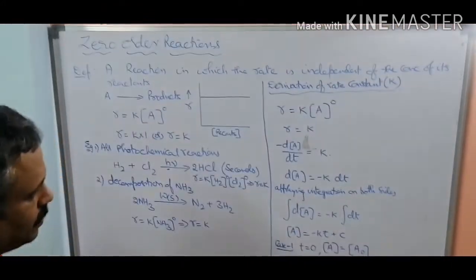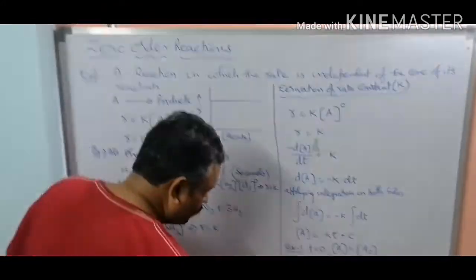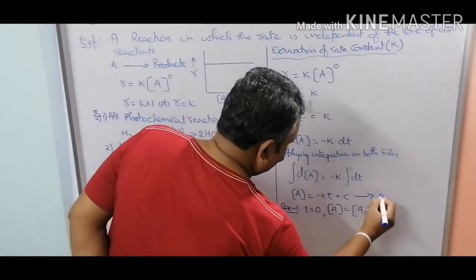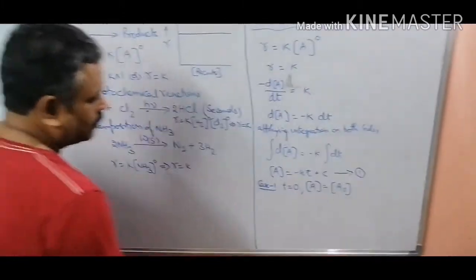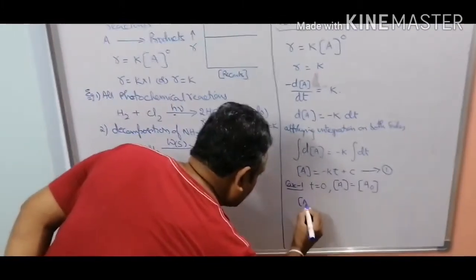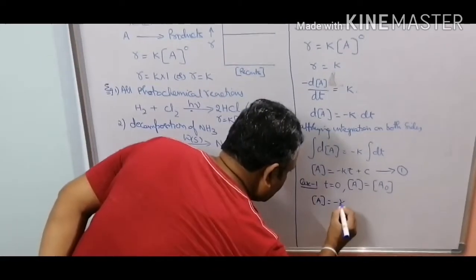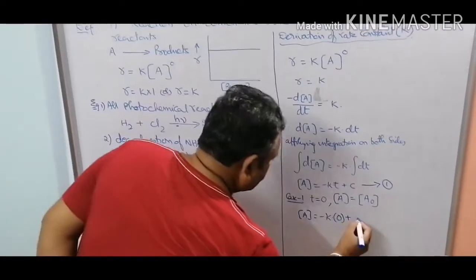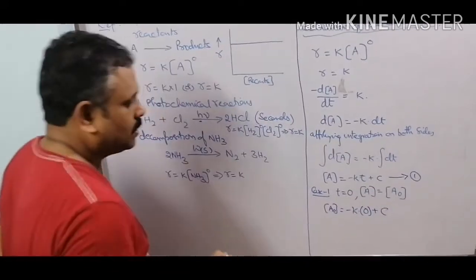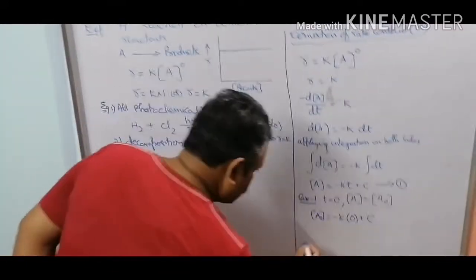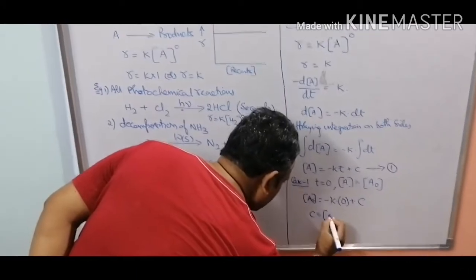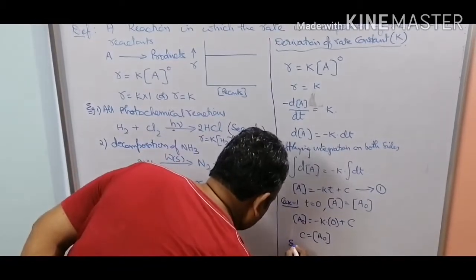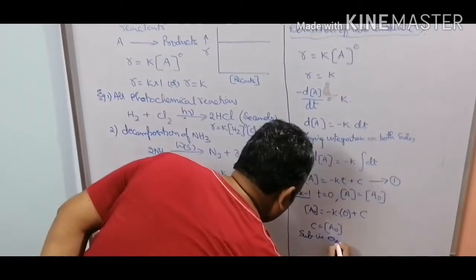So substituting this in our expression number 1, the concentration of A is minus k into 0 plus C, which is [A] naught. So we can see that C is equal to the concentration of [A] naught. Now substitute this in equation 1.